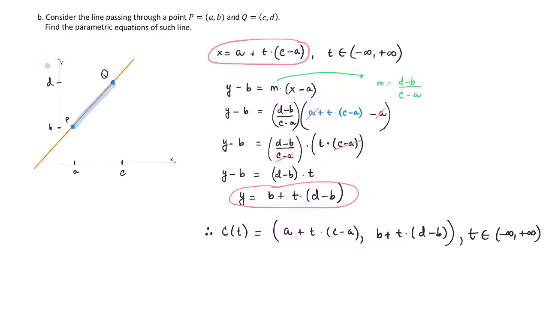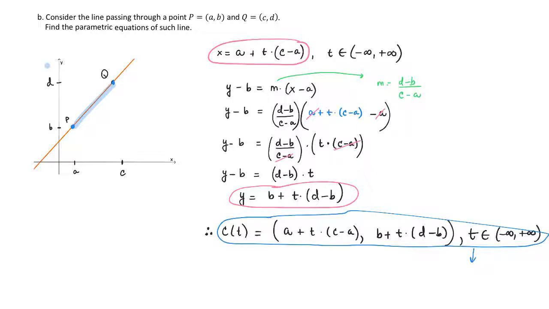If you use this set of parametric equations right here, all that you have to do is to play with the interval for t. So if I just want this segment, all that I have to do is to let t run from 0 to 1.